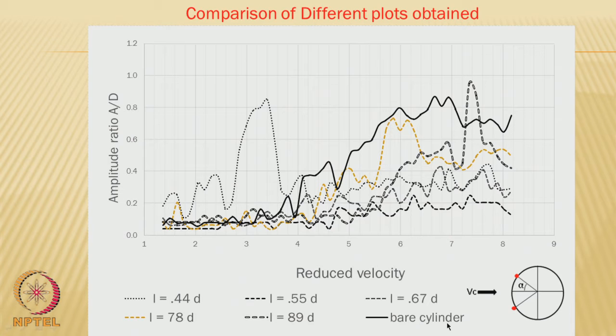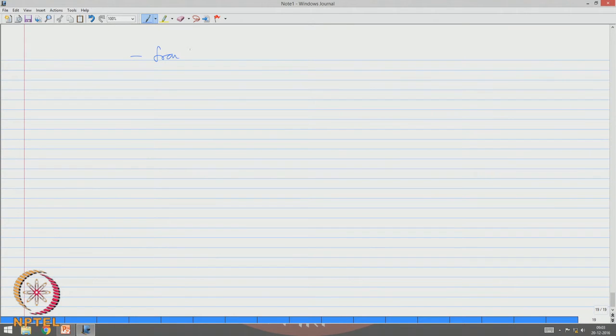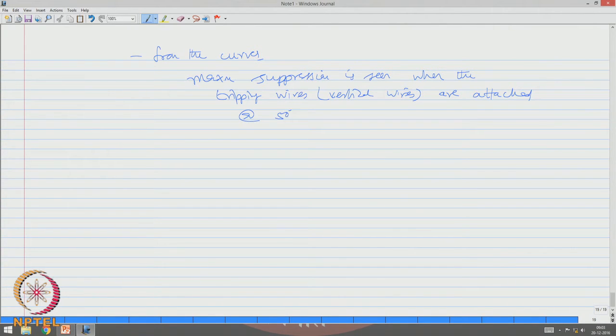So, interestingly, from the curves one can see that the maximum suppression is seen when the tripping wires, nothing but the vertical wires, are attached at 50 degrees.